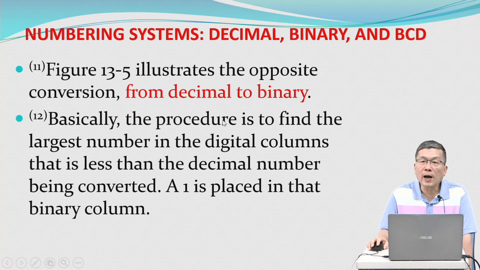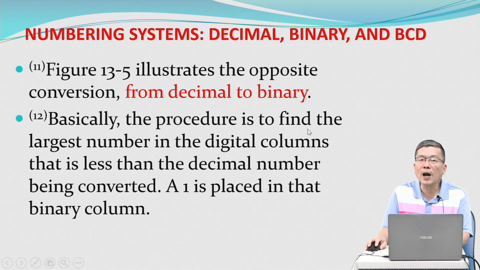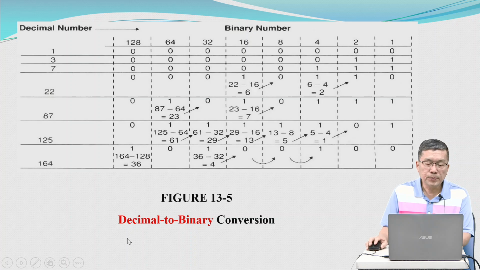Figure 13.5 illustrates the opposite conversion from decimal to binary. Basically, the procedure is to find the largest number in the binary columns that is less than the decimal number being converted. 81 is placed in that binary column. This picture shows the decimal to binary conversion.